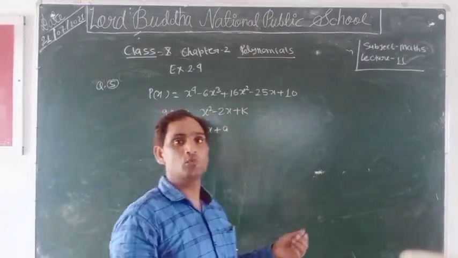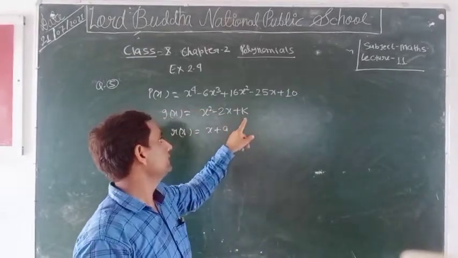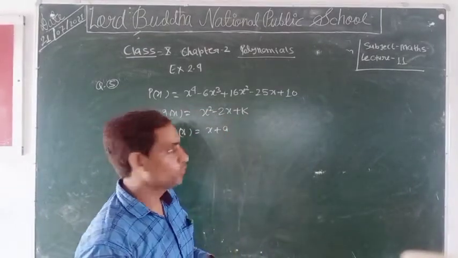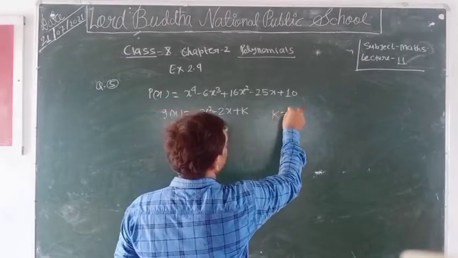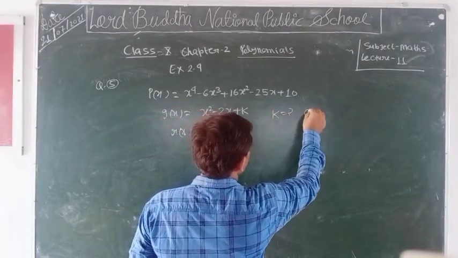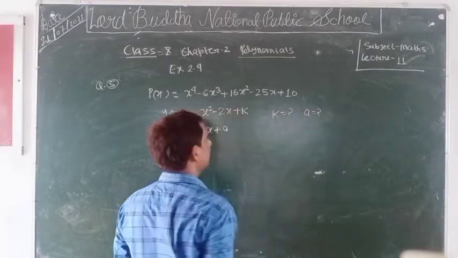Here there are two unknown quantities, k and a. We have to find the values of k and a.